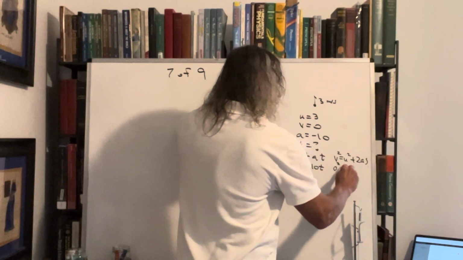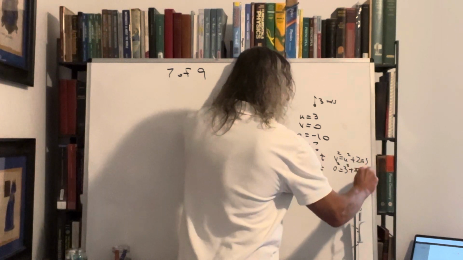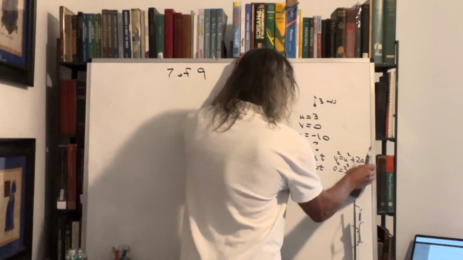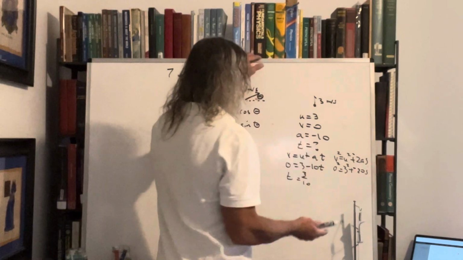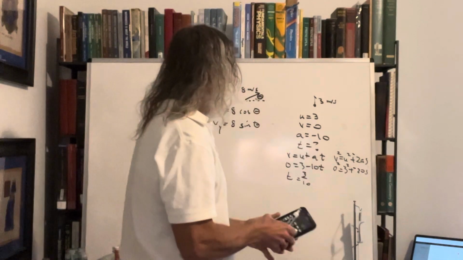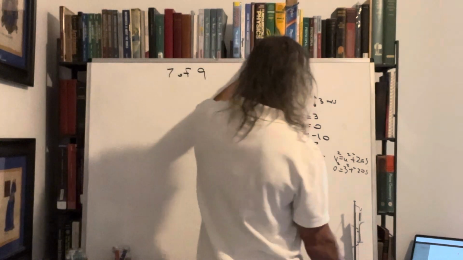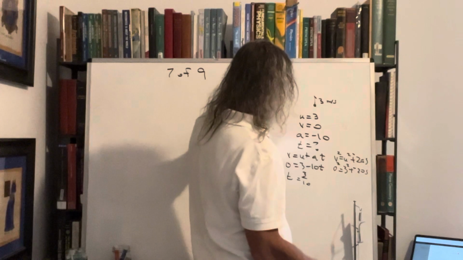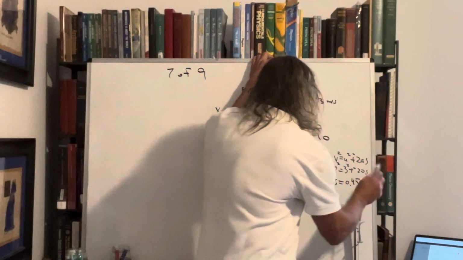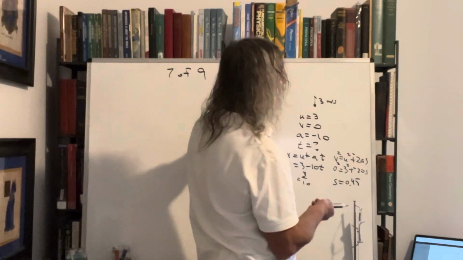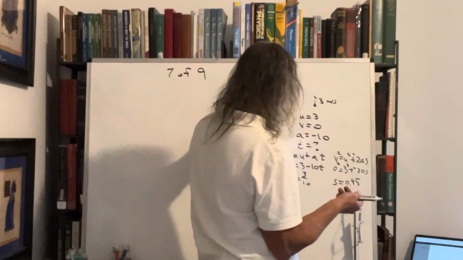So 0 squared, 3 squared plus 20S, or negative, because acceleration is negative, and it's going to fit the signs. So 9/20, that's 45/100, so 0.45 meters.